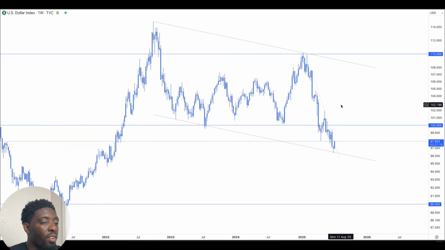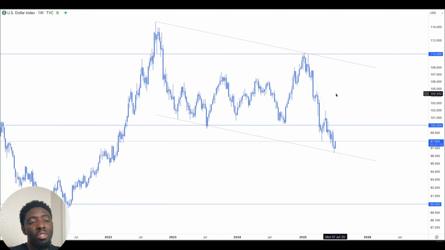So I think with the DXY reacting from this pivot point, we could see the DXY now moving to the upside, let's say 2 months, 3 months and stuff like that. But the good thing about this is every impulse on the DXY comes with a correction. Every impulse comes with a correction, impulse correction. So you can use that same principle and look for trading opportunities on other pairs.